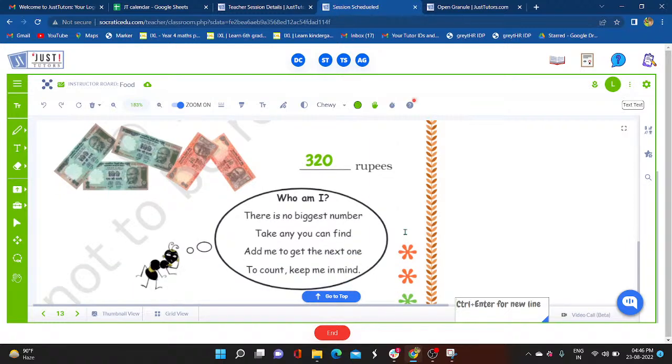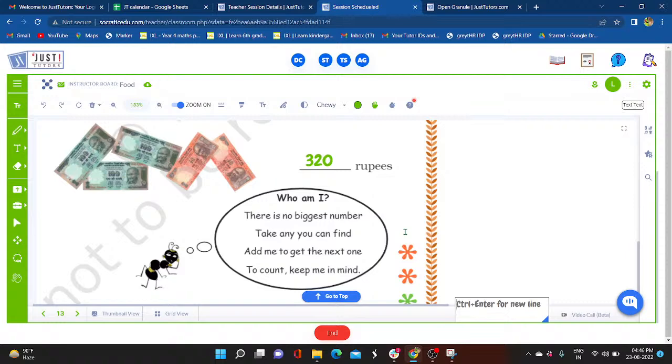Now who am I? There is no biggest number. Take any you can find, add me to get the next one to count. Keep me in mind. So here they are telling us that there is no biggest number. As we keep going, we would keep counting and counting, and there's no end to numbers.